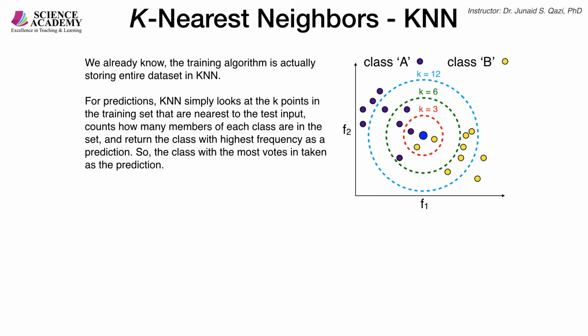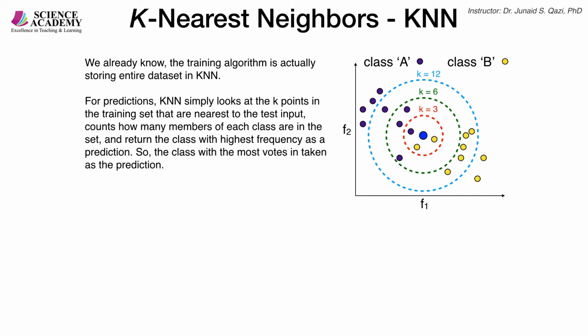So we already know the training algorithm is actually storing the entire dataset in KNN. For predictions, KNN simply looks at the K points in the training set that are nearest to the test input. It counts how many members of each class are in the set and then returns the class with the highest frequency as a prediction.